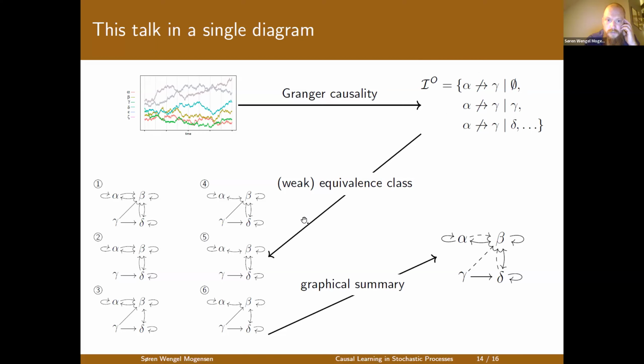And using this graphical theory, you can characterize these weak equivalence classes. So you can choose a value of k, also depending on how much computational power you have. For any value of k, you know that there's going to be a greatest element in this weak equivalence class, and you can use that to summarize the entire equivalence class.